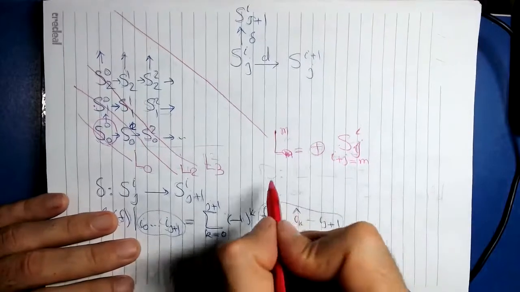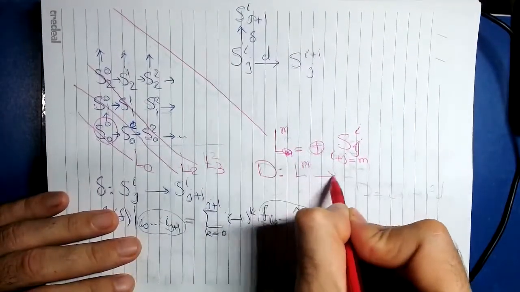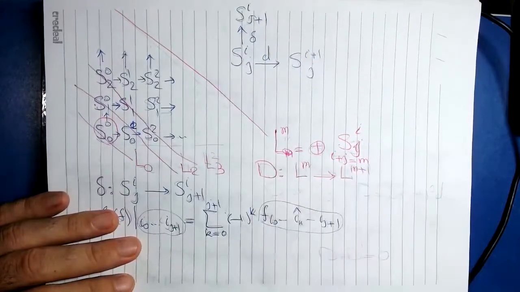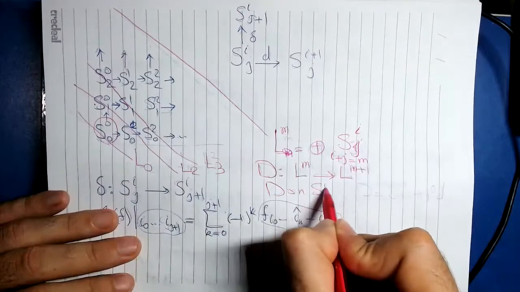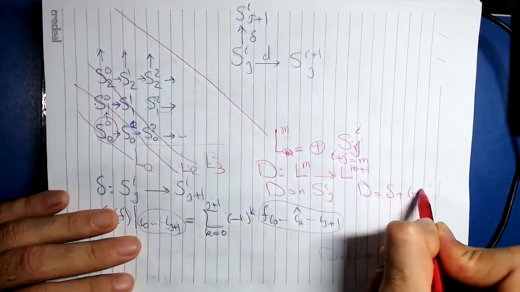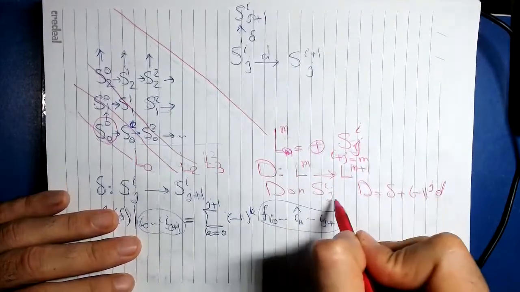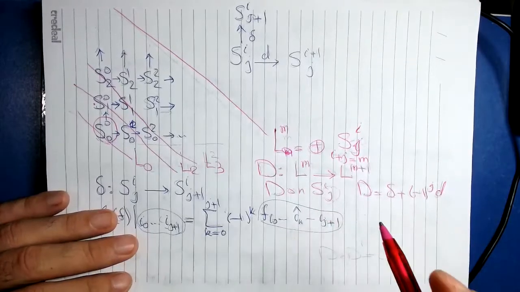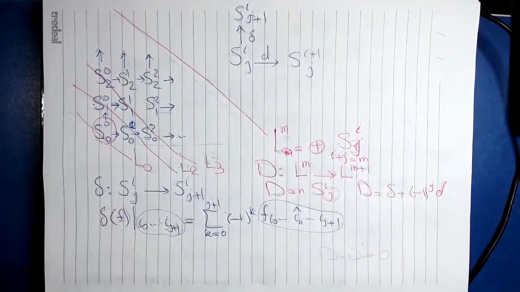And we have a differential operator D going from L^m to L^{m+1}, and the D on S^{i,j} is given by delta plus (-1)^j d. And so this j is the index corresponding to Čech cohomology.